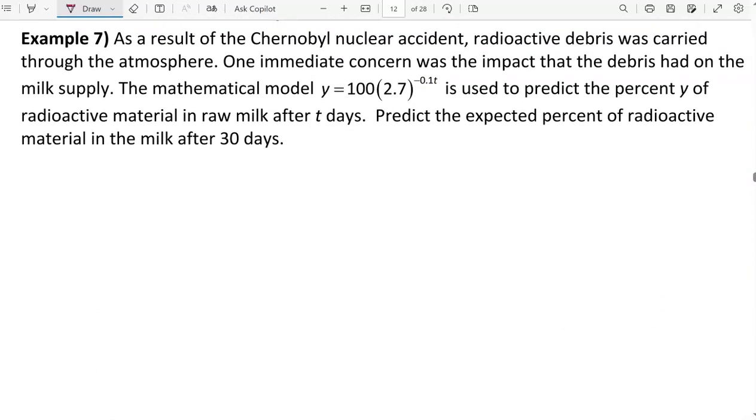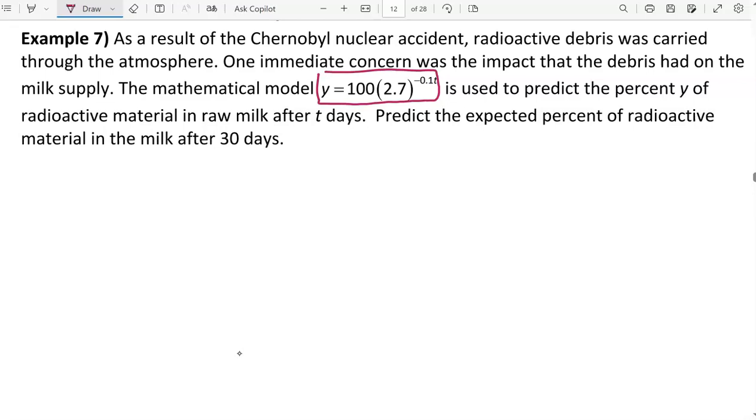One more word problem here. As a result of the Chernobyl nuclear accident, radioactive debris was carried through the atmosphere. An immediate concern was the impact that the debris had on the milk supply. The mathematical model given here is y is equal to 100 times 2.7 raised to the negative 0.1 times t power, and that's used to predict the percent y of radioactive milk in raw milk after t days.